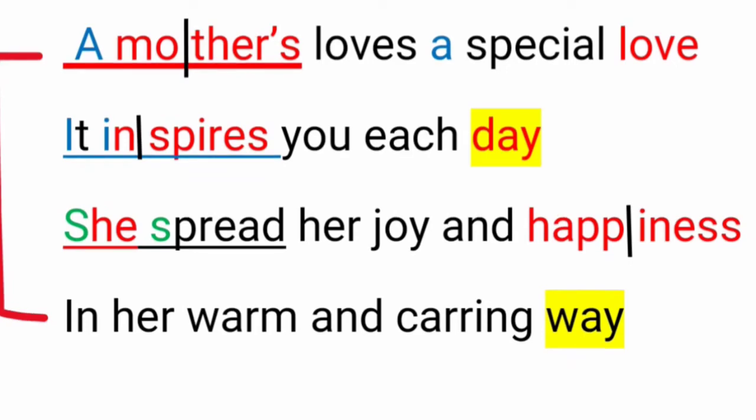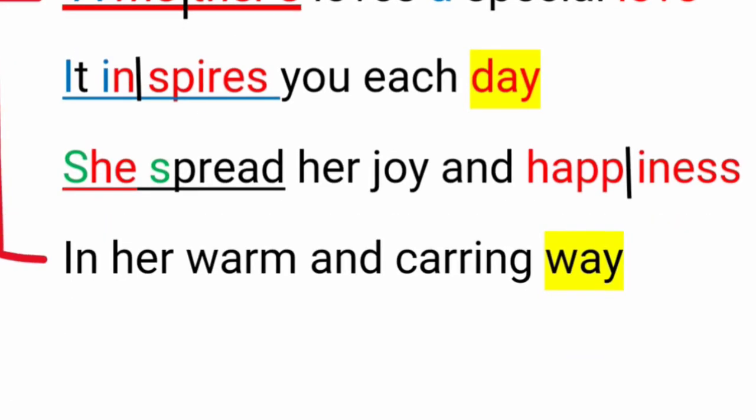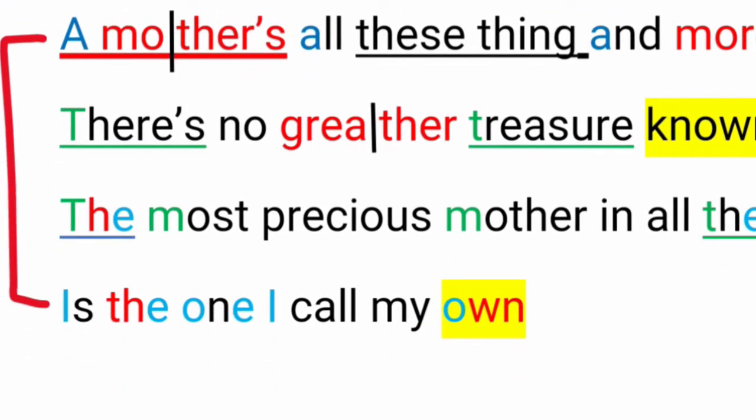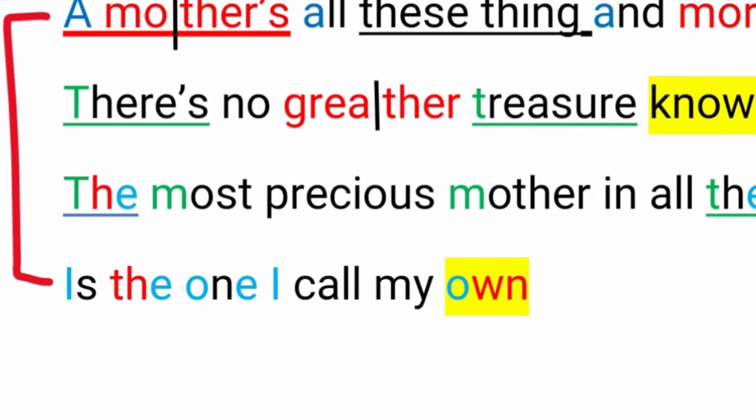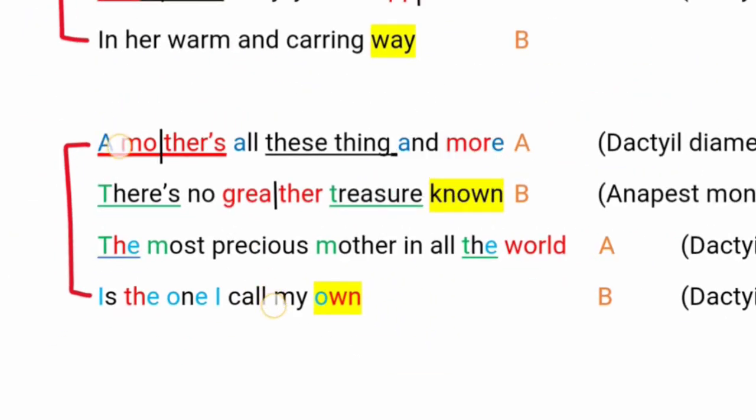In the second stanza, in the first line you can see A, and in the second line you can see I. In the last stanza you can see A in the first line, and you can see E in the word more and this word, and in the third line you can see the E alphabet in the word the, and lastly you can see I, E and O. This is a vowel, and we move to the meter.